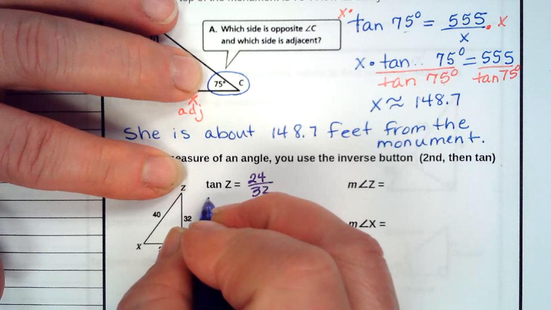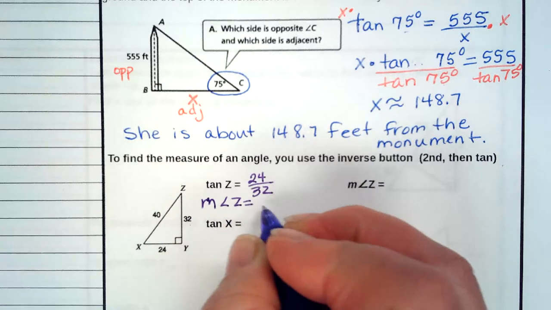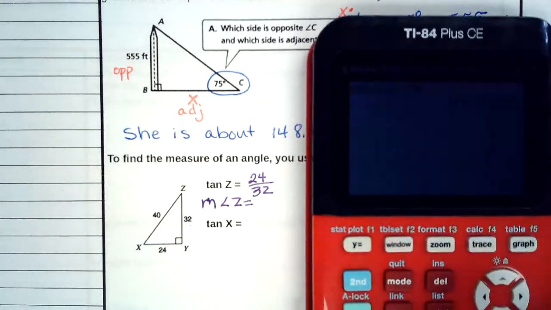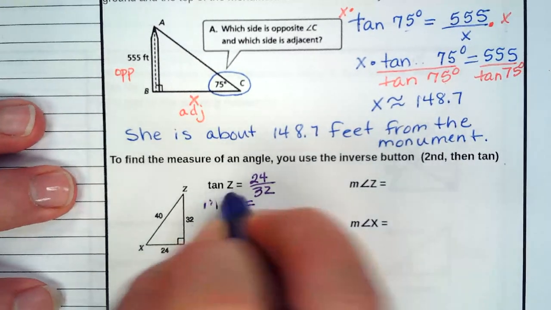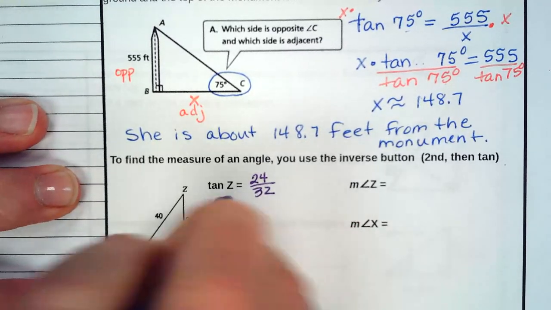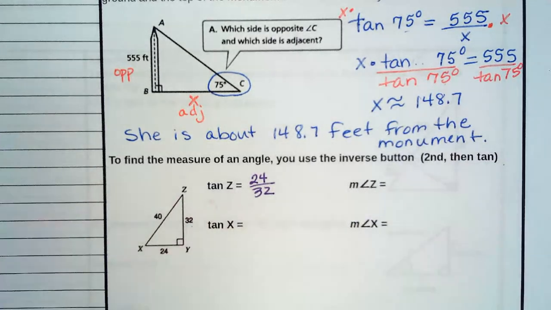The measure of angle Z, I've already got that over here. I do not need to simplify it because I'm not looking at the ratio. I'm looking at the degree measure.